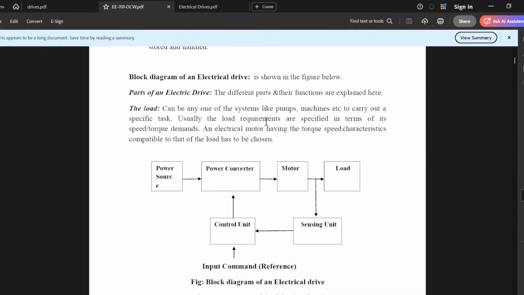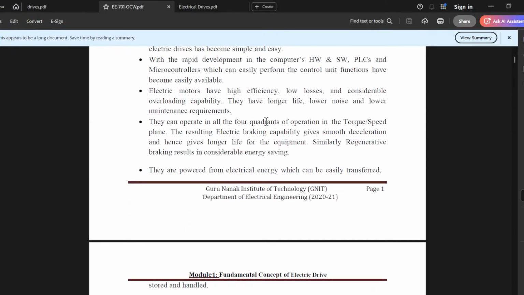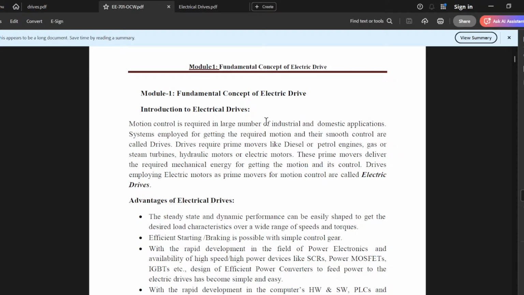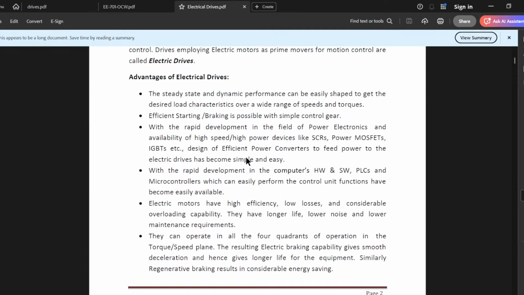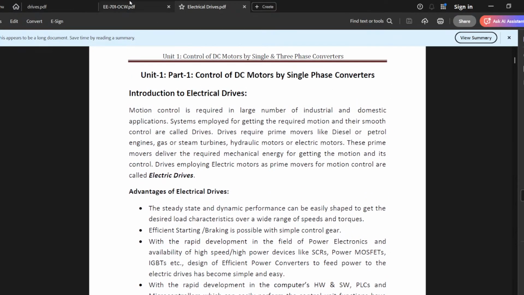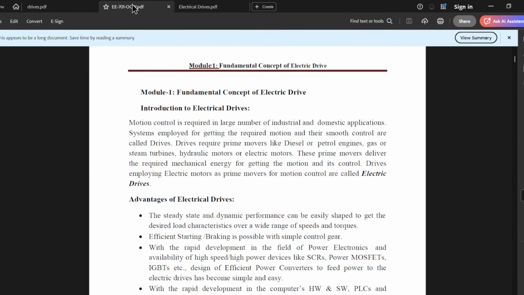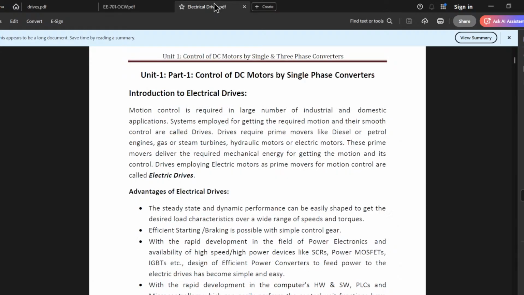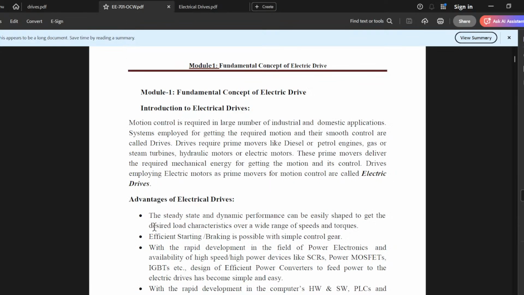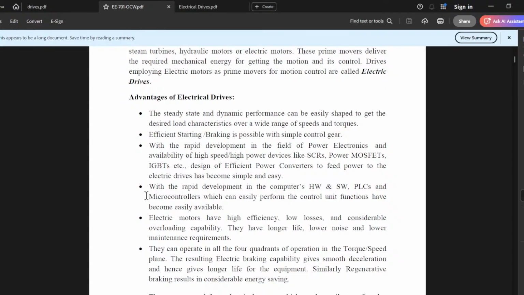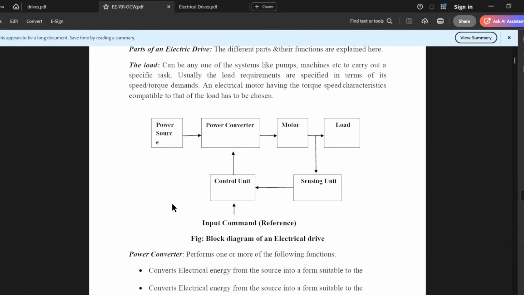Okay, let's give some attention to these. Which one is it? Yeah, they look the same. They're pretty much the same. Introduction, module one, electric drives, the steady state efficiency, IGBT. These both are the same.